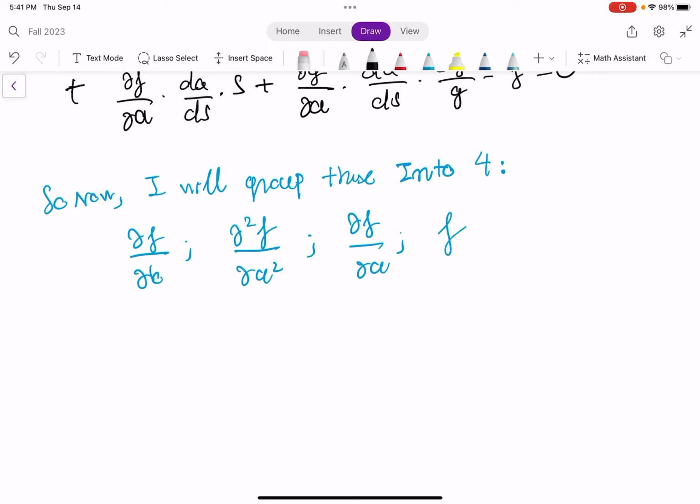Recall, for our purpose, this is the coefficient and these are the terms, the partial derivatives we want to stay. The first two stay, and the ones on the right-hand side are the ones we want to eliminate.